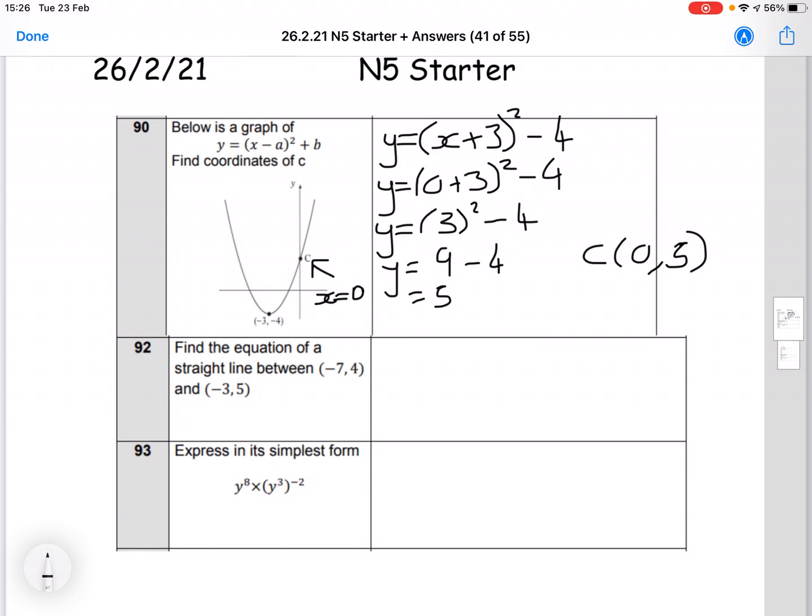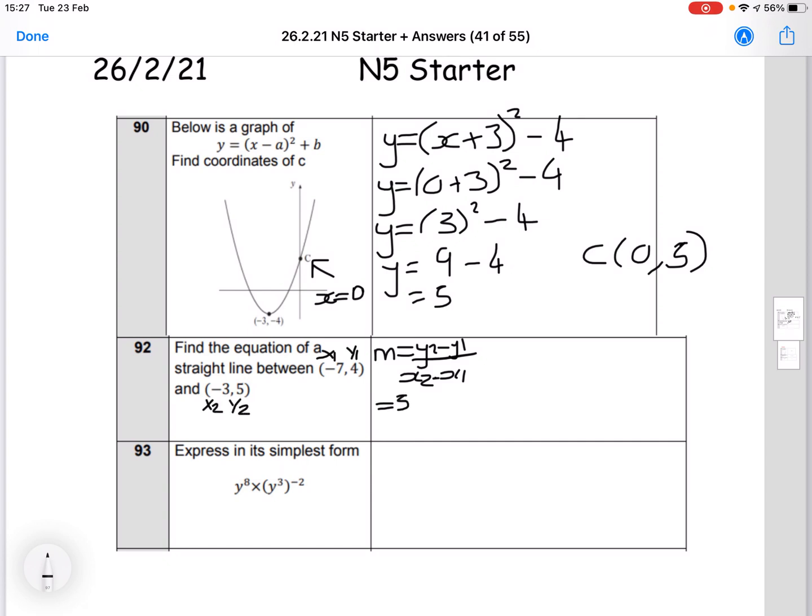Question 92 is a straight line equation. So find the equation of the straight line between -7, 4 and 3, -5. So first thing we need to do is our gradient calculation. So we're doing y2 minus y1 over x2 minus x1. We would label these x1, y1, x2 and y2.